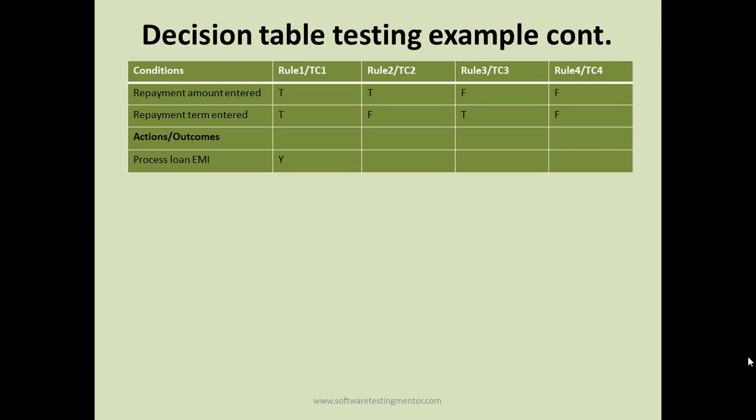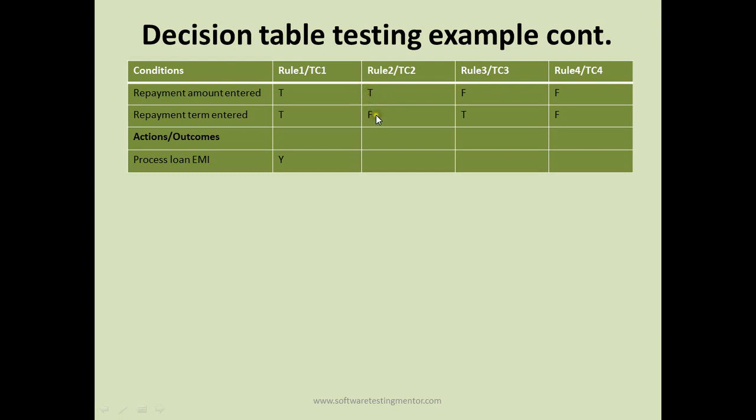Because in the loan EMI calculator both the quantities are required or necessary. If any one of them is missing, then it might fail to process. So in the first case, amount entered true, term entered true, process loan EMI: yes.